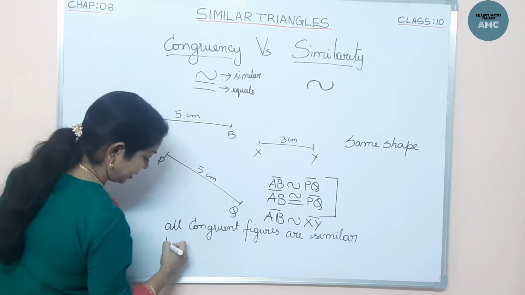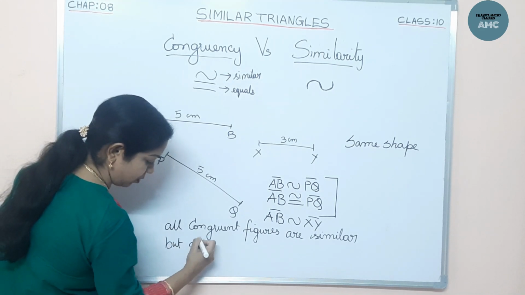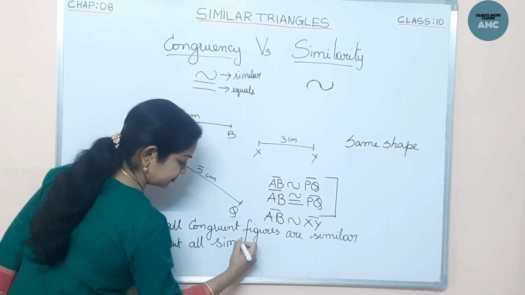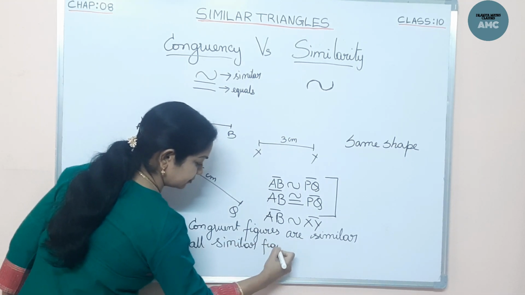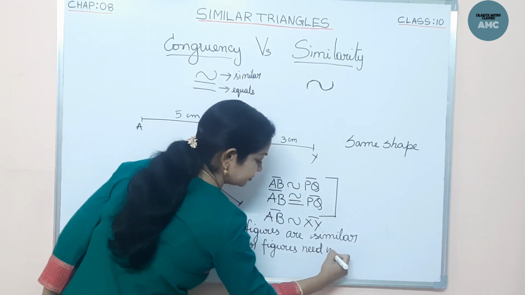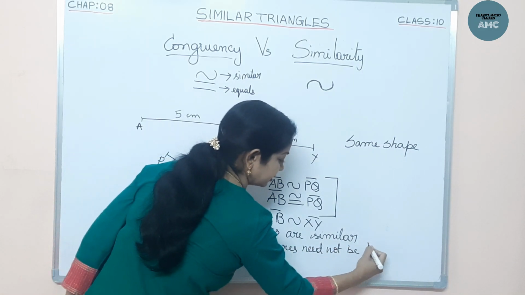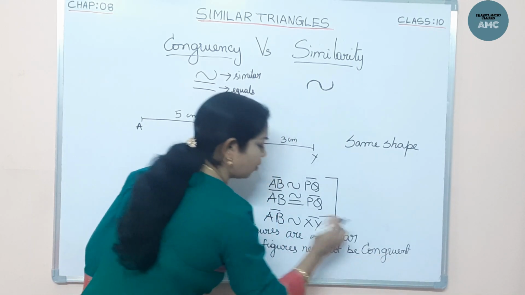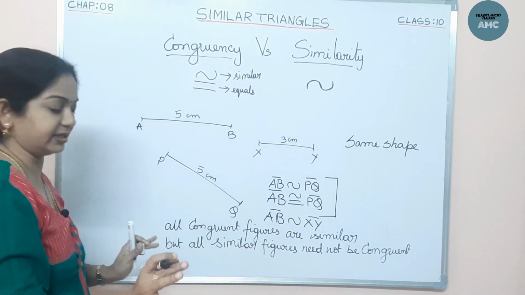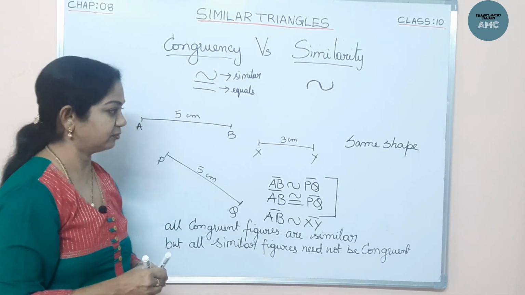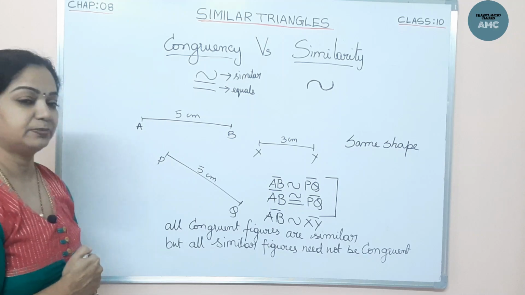But all similar figures need not be congruent. You understood this? They need not be congruent. Now, all congruent are similar, right? But all similar figures need not be congruent. Now, quickly copy down. Pause.